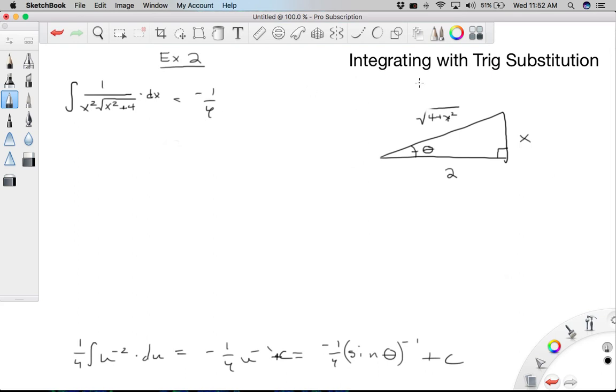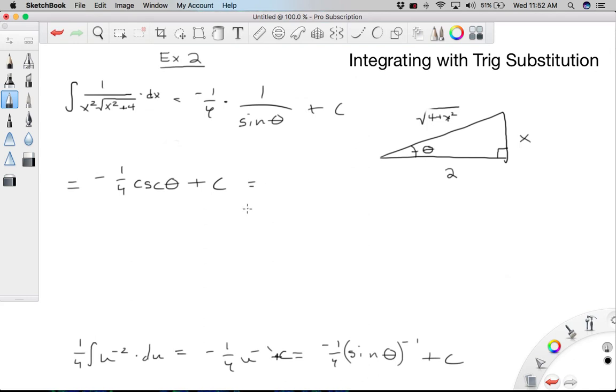Sine to the -1 is actually just going to be 1 over sine plus some constant. And then 1 divided by sine is actually cosecant, so we have -1/4 cosecant of theta plus some constant.